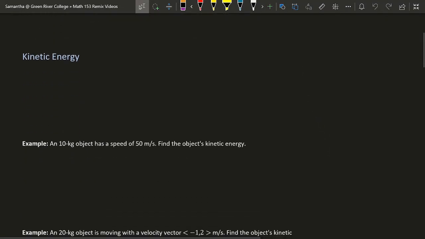Kinetic energy. Kinetic energy refers to the physics quantity that's given by the following formula.